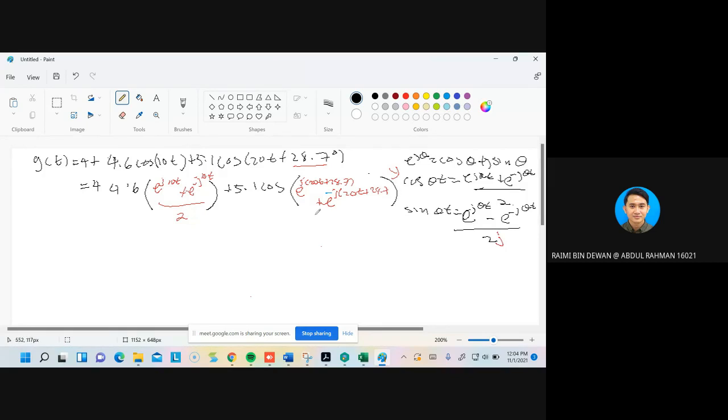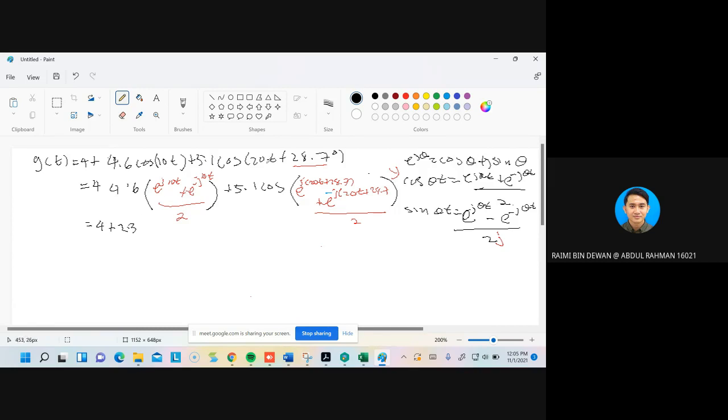Don't forget to divide by 2. Now simplify further, this is still 4. However here you have 4.6 divided by 2, so it is 2.3.